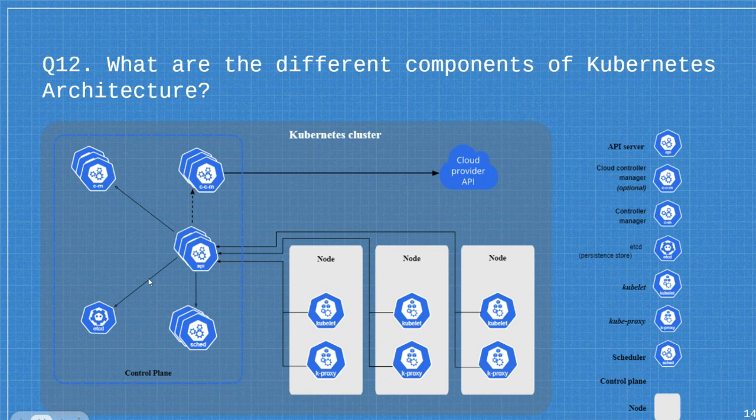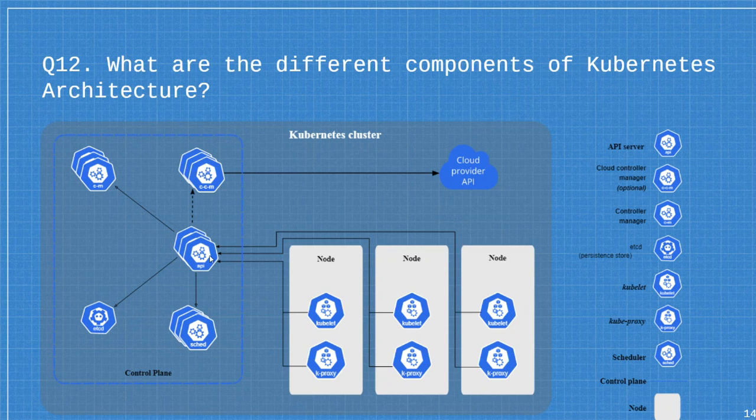Whatever commands we are passing, whatever things we are creating, deployment, replica set, replica controller, daemon set, everything is written under this. When we hit the API, it will write under etcd and check with the controller manager. Controller manager sends the signal back to API server, and if it gets approved, API server will send to the scheduler.